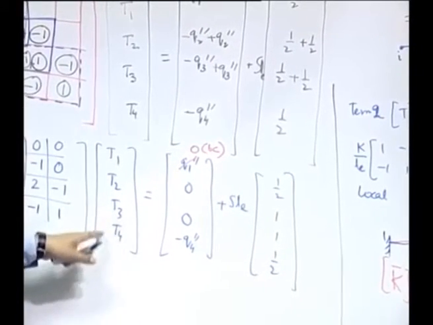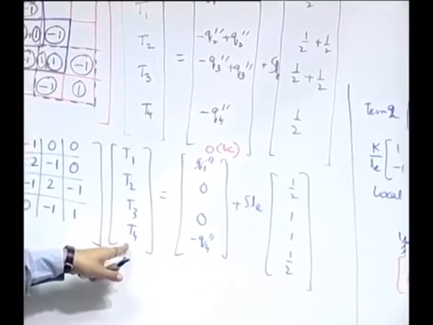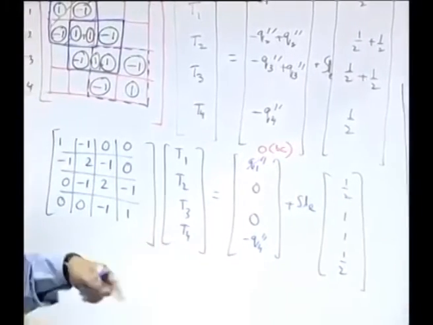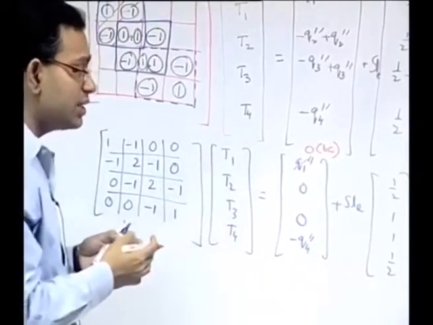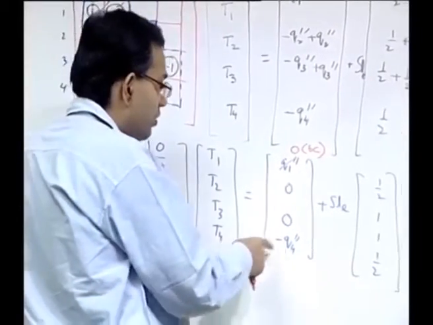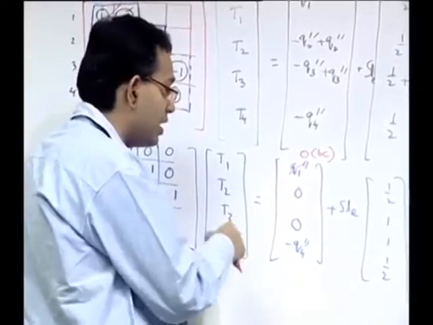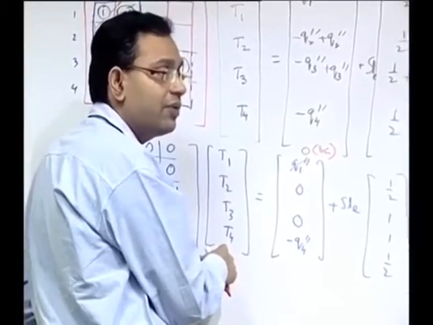So, since T4 is specified, solution of that is not necessary. But let us say you are using a computer program which does not know that T4 is specified, but it still intends to solve despite the fact that it is specified.